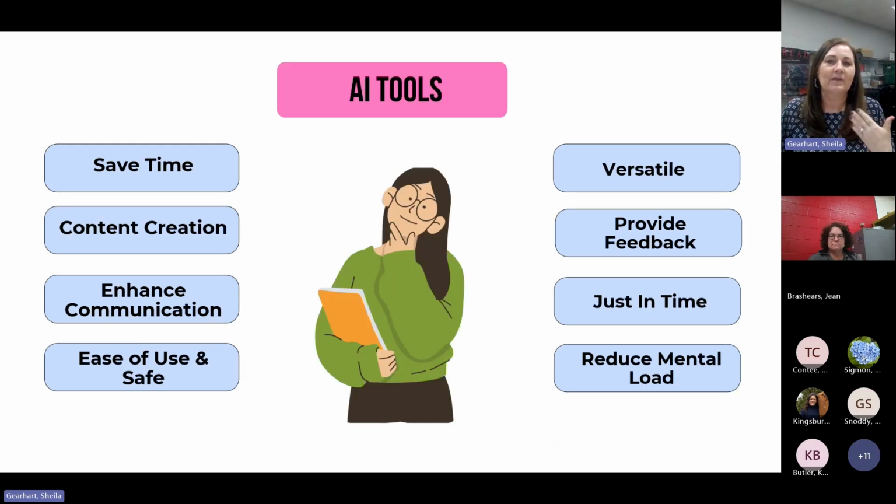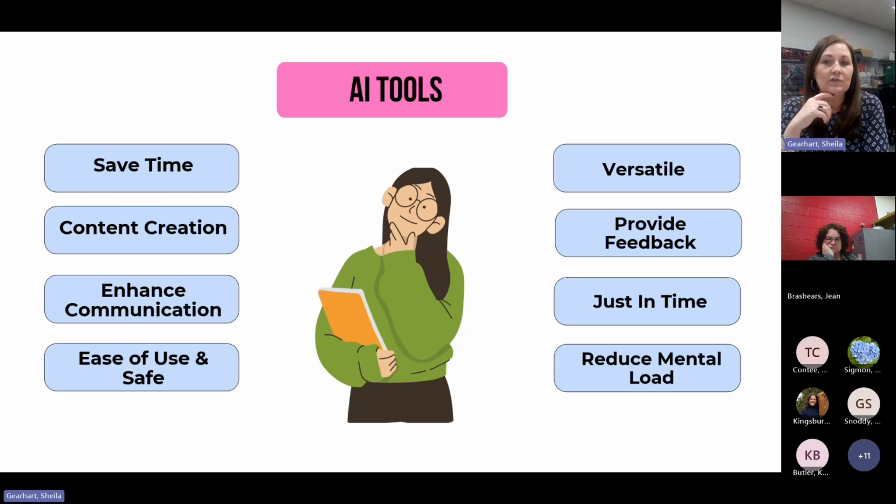So many of us have started to turn to using AI tools. These tools can help us be more efficient, be productive, and also spark creativity in our planning. And when we're looking for tools, we want to find ones that allow us maybe to generate content that we can use with our students, find solutions that are personalized to our specific situation.